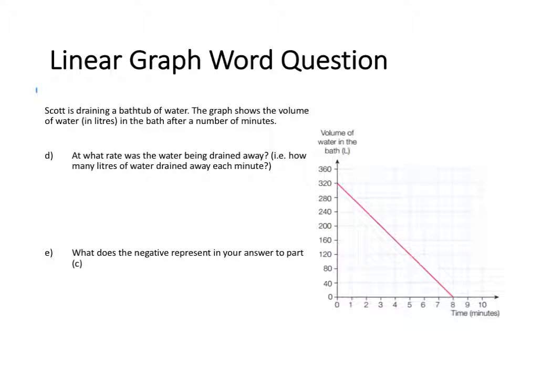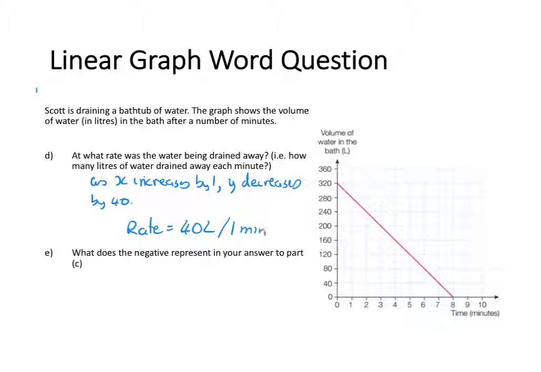So that means for every increase in my x value, which is per minute, so as x increases by 1, y decreases by 40. So I know that it is being drained at a rate of 40 litres per 1 minute.